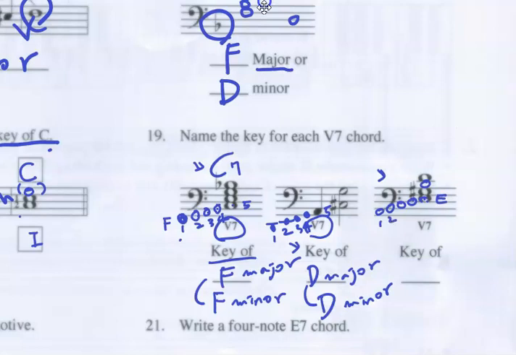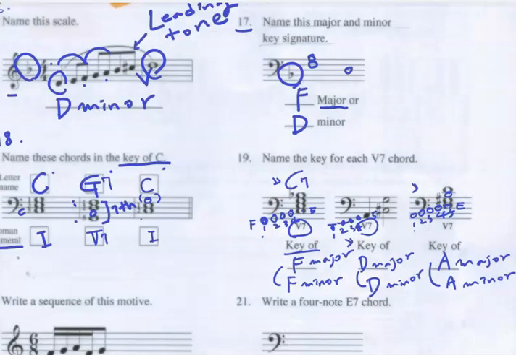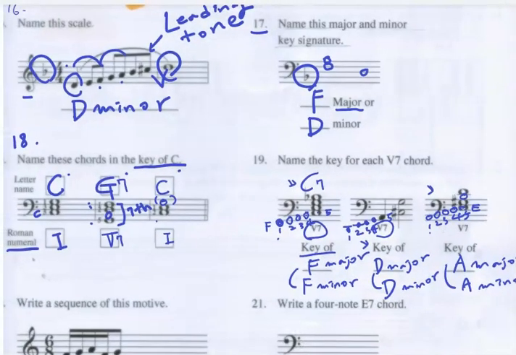So 1, 2, 3, 4, 5. Okay, so 1 is A. This is A scale degree 1. So this must be A major or A minor. Both are correct. To the next question.